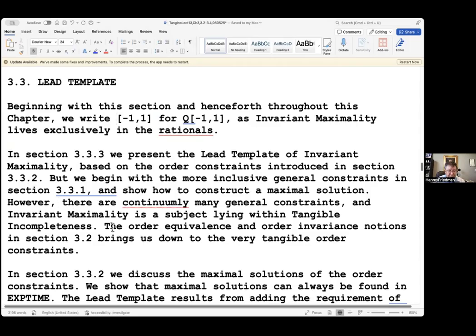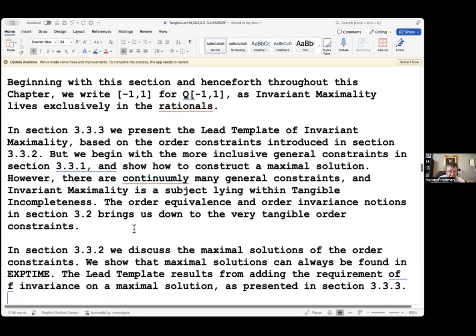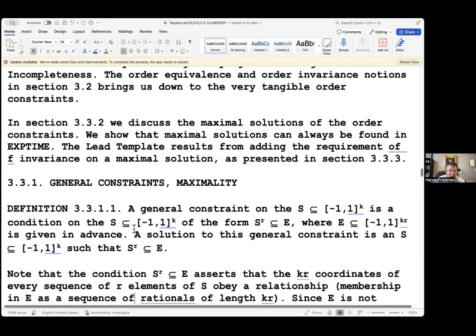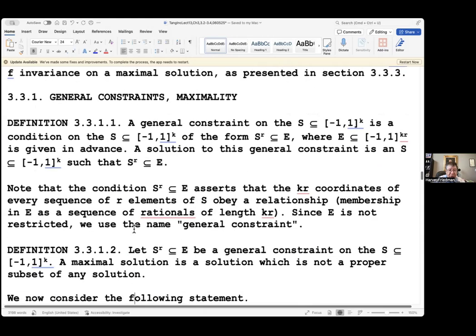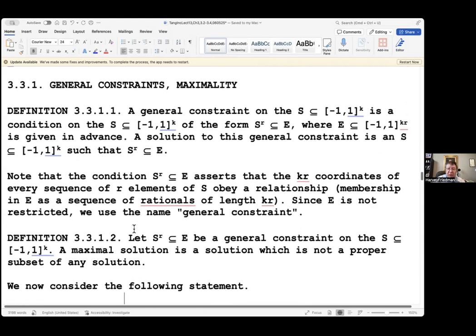Rather than just give you all this overview, let's get going with this. All right, so there's a thing called the general constraints. This is the key idea. A general constraint on the subsets of [-1,1]^k, that's the notion we want.